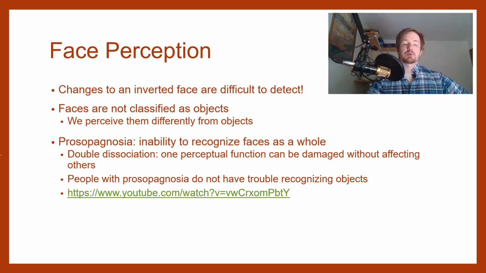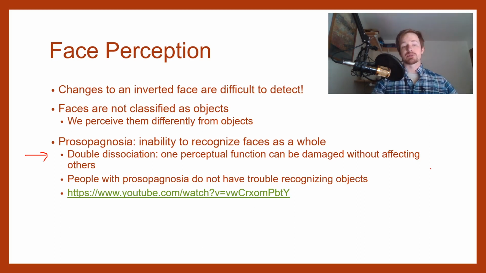That is called a double dissociation. In other words, you have a part of the brain that is damaged, that disrupts or impairs some behaviors completely independently from all the others that seem to be working and operating without any difficulty. So people who have prosopagnosia don't have any trouble recognizing common objects, but they do have trouble recognizing people's faces.